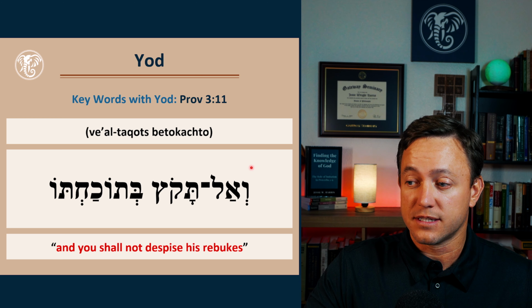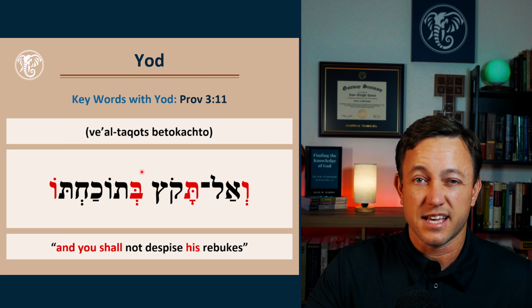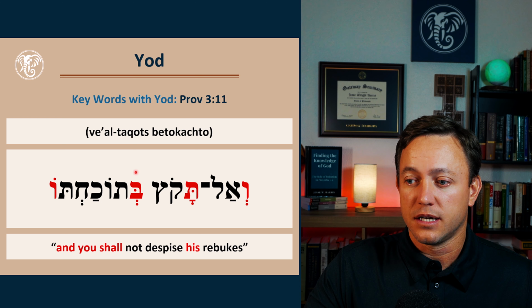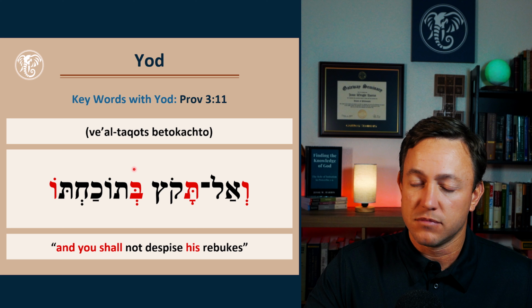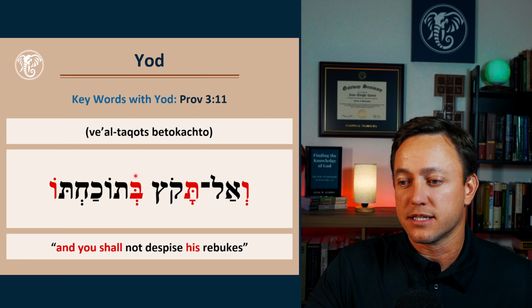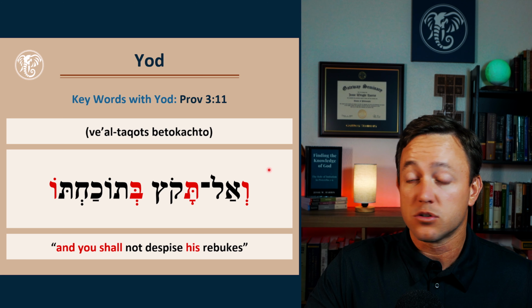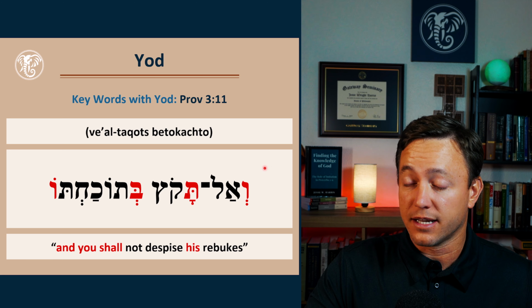In Hebrew, it's common to use certain prepositions, especially be, in ways that maybe we wouldn't in English. So in this case, you might be able to say with or perhaps against his rebukes, but it's probably better just to leave it untranslated. Okay, so it's basically just reiterating the exact same thing that was said in the previous verse.